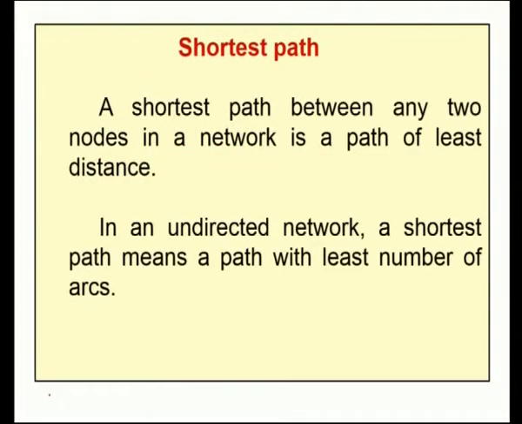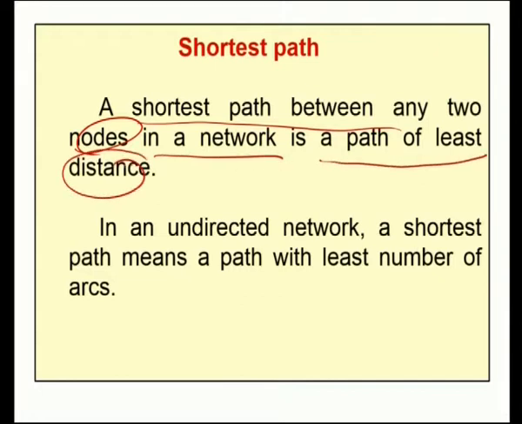First, let us discuss what we mean by shortest path of a directed graph and shortest path for an undirected graph. A shortest path between any 2 nodes in a network is a path of least distance. So, a path of least distance between any 2 nodes is called shortest path. What is the shortest path for an undirected network?